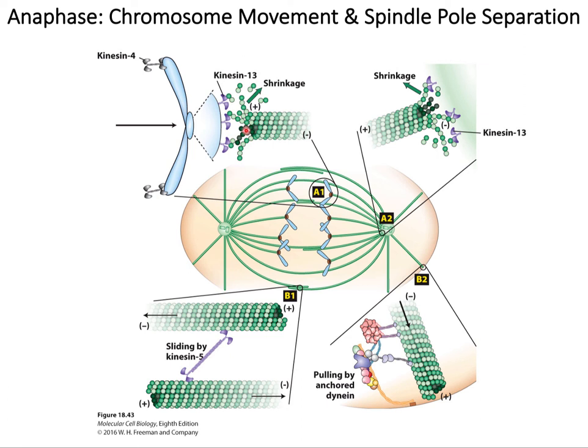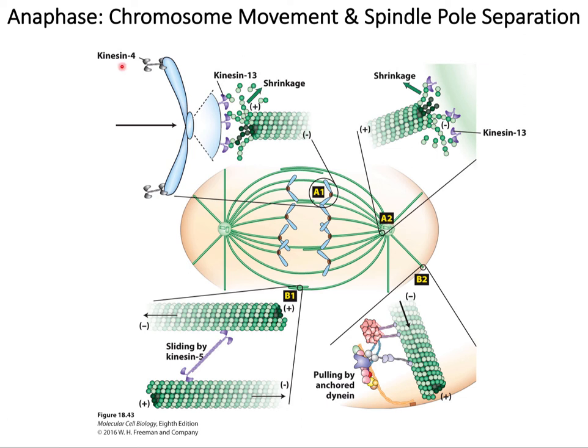In addition, kinesin 13 also aids in disassembly at the minus end of the spindle. The kinesin 13 just makes the disassembly faster, in addition to the normal disassembly of the microtubule at the minus end, which is shown in the A2 of the figure.